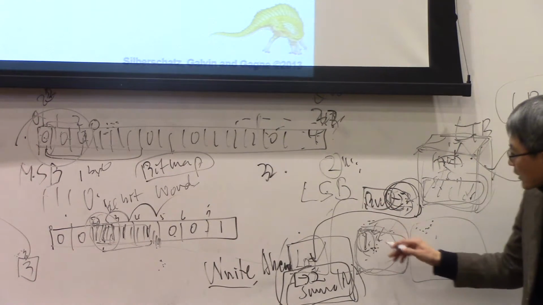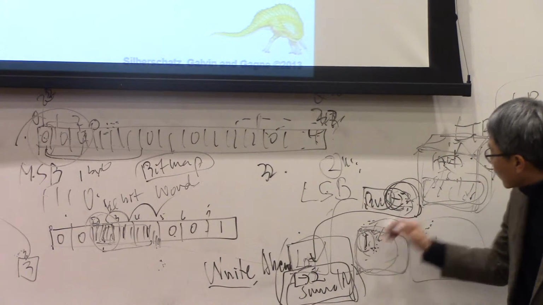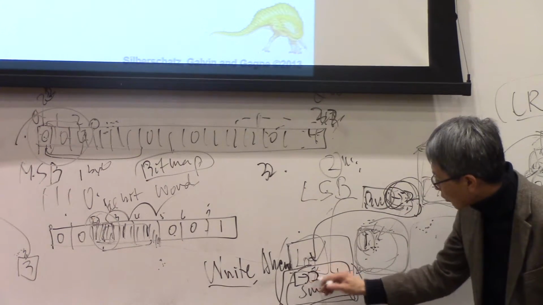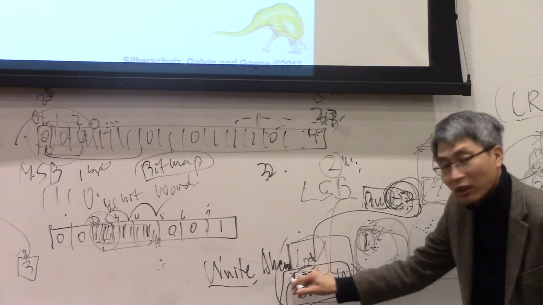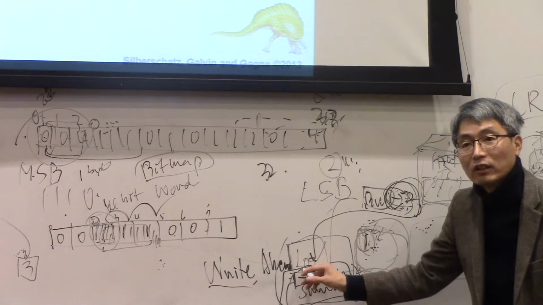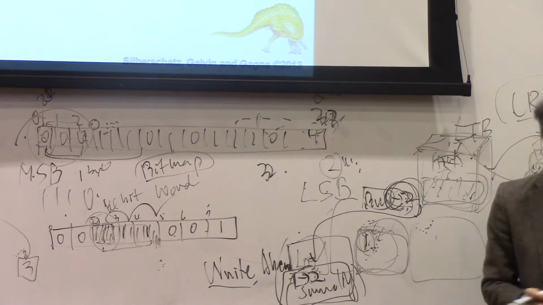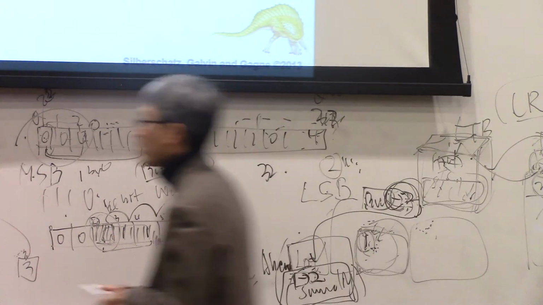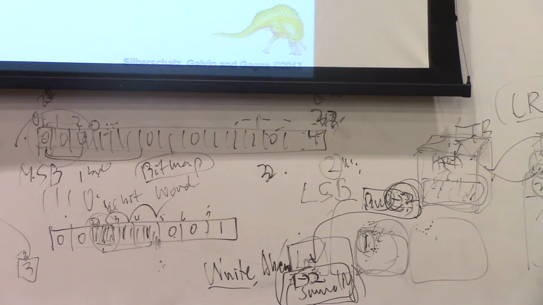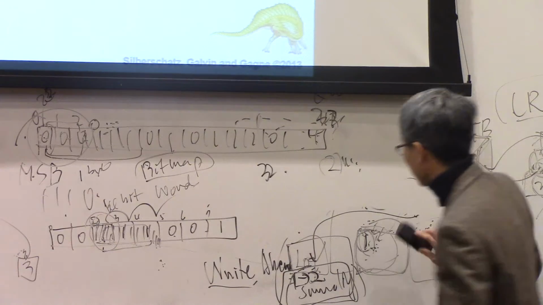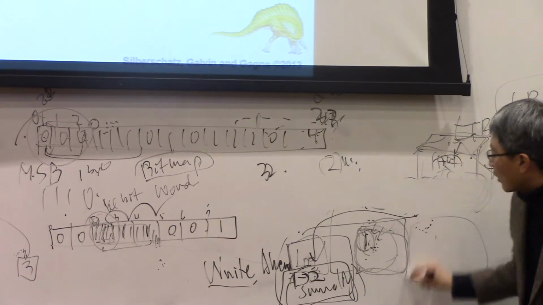Then this is still the 1, this is a 2. This is 1, 2, 2, changing. Then when the system is down, you lose this data in memory, but this will be okay.